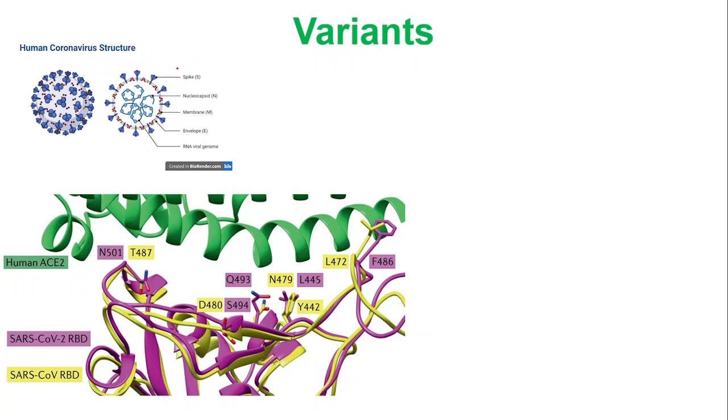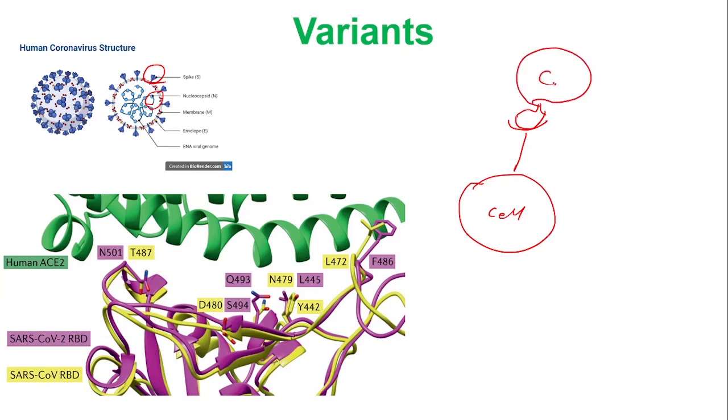Remember, I said two most important things in coronavirus: spike protein and RNA. The spike proteins bind to the receptor of human cell. So this is the spike protein of coronavirus.